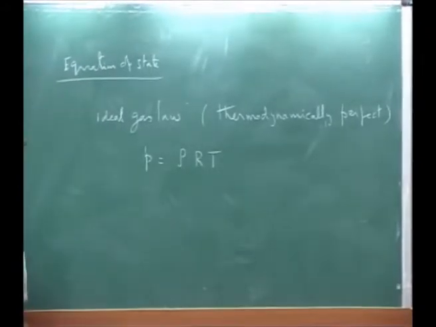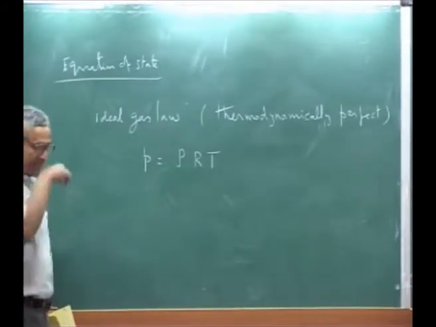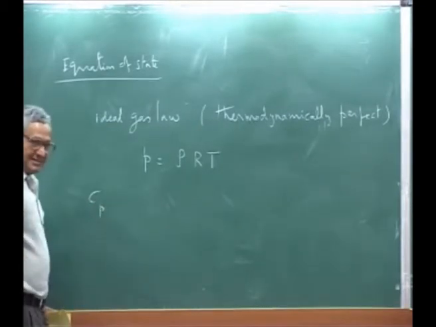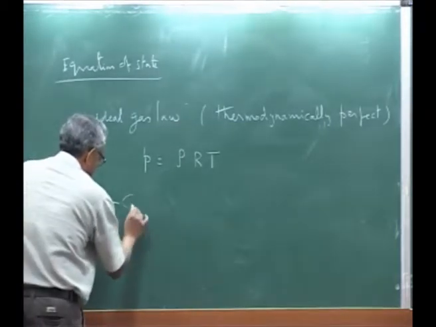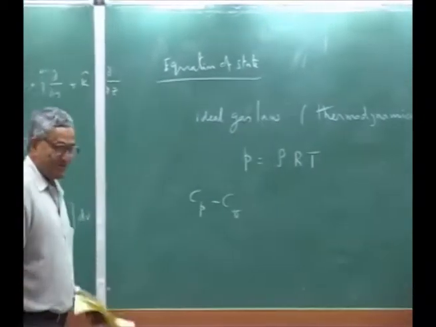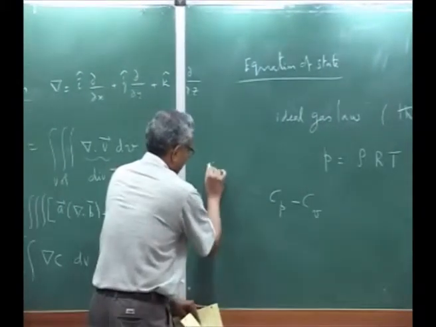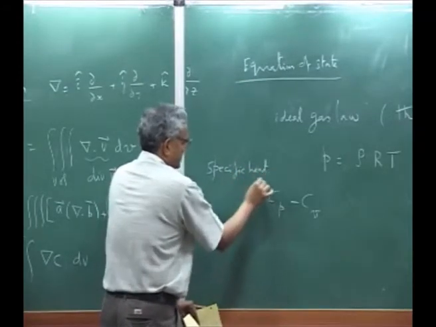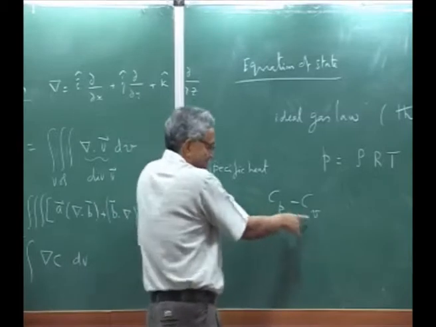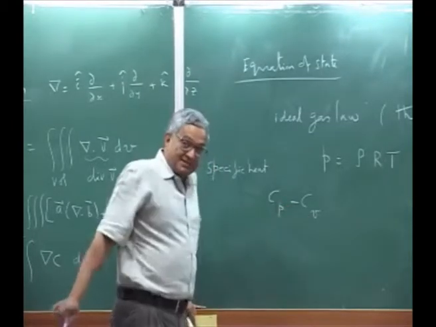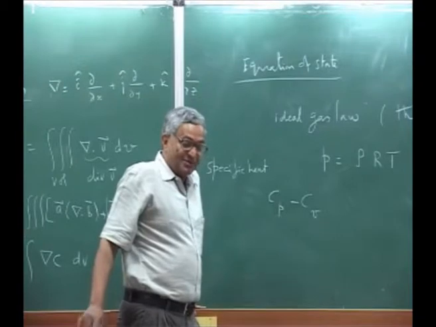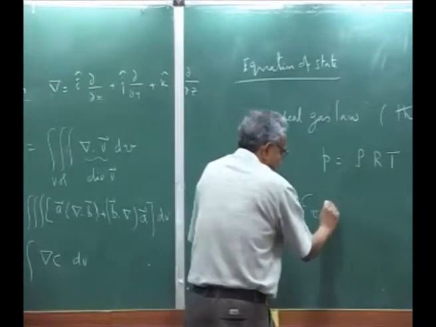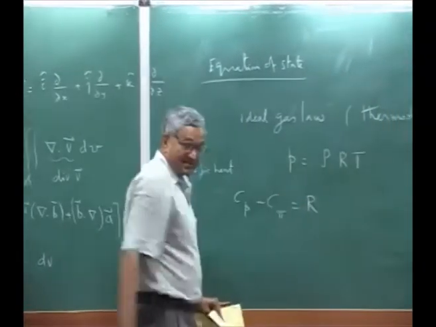But in addition, you have two quantities, Cp and Cv, which are basically specific heats, at constant pressure and at constant volume. They may be functions of temperature, but we are going to assume that they are constant. They don't vary with temperature. And then Cp minus Cv is R, which is the gas constant.